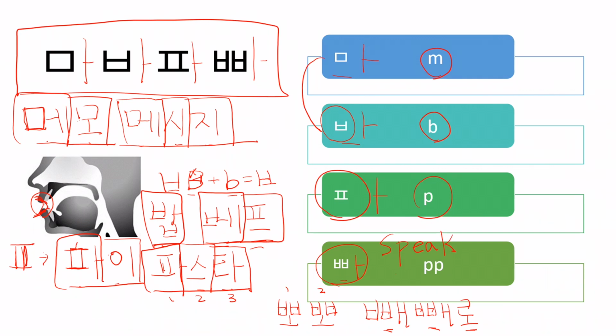Speak, speak. Notice the p sound sounds like very much like the Korean b sound. 뽀뽀, 빼빼로.